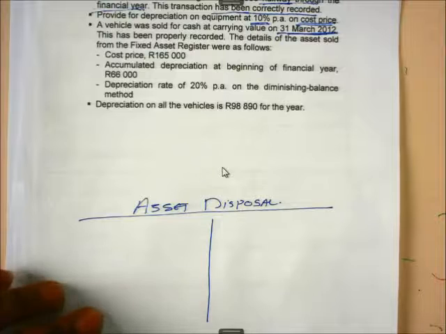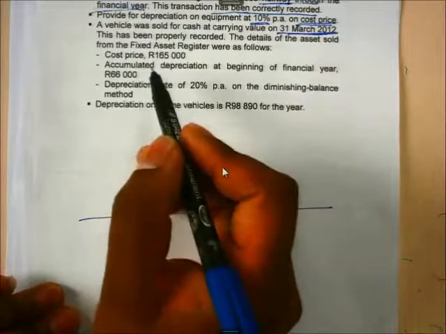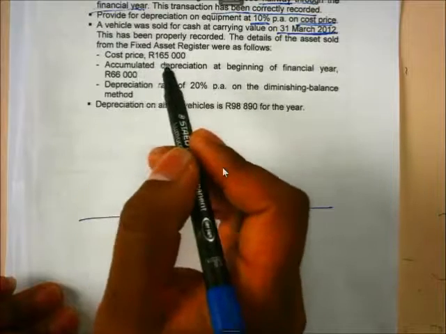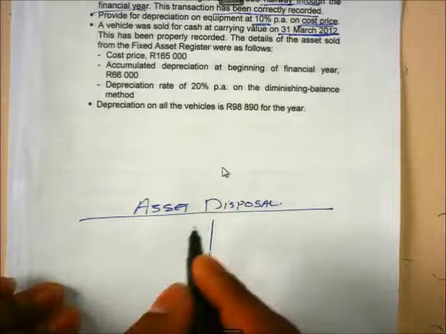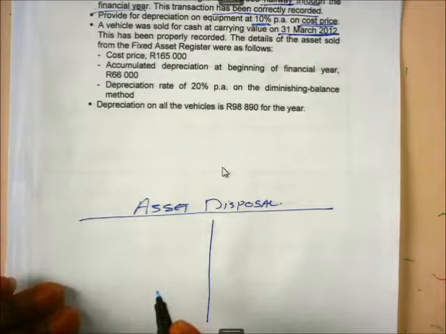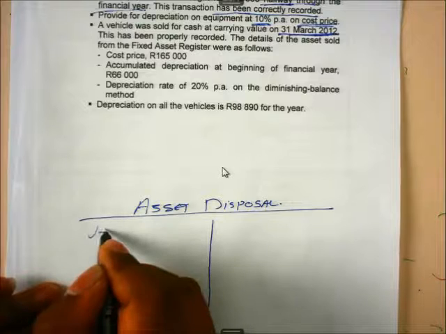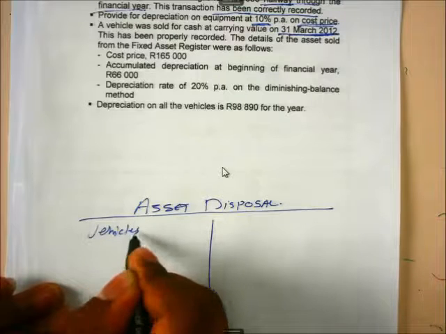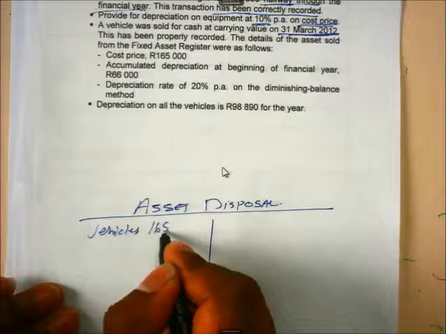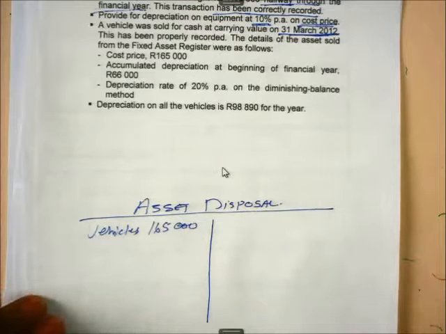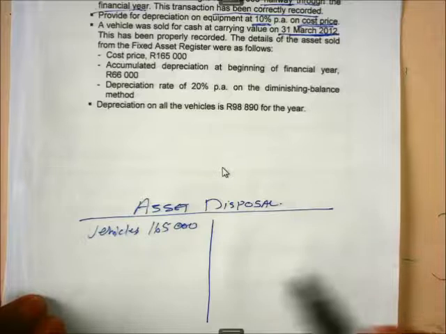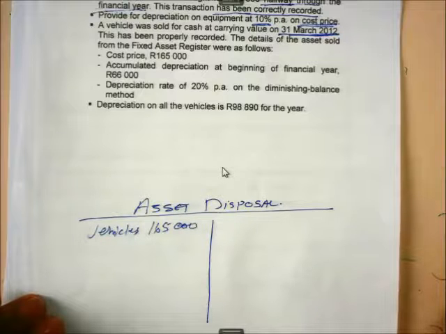Fine. Now, here they tell us that the cost price of this asset was 165,000. The cost price is always on the debit side of the account. Therefore, you will have vehicles, 165,000 rand. The question did not request you to prepare the asset disposal. I'm simply throwing it in because some of you struggle with it as well.